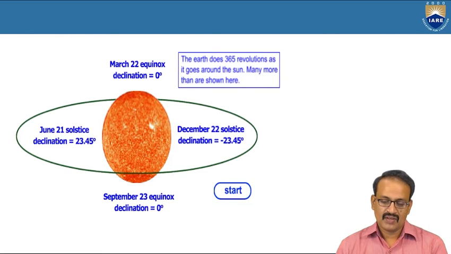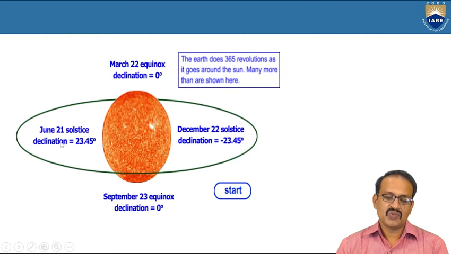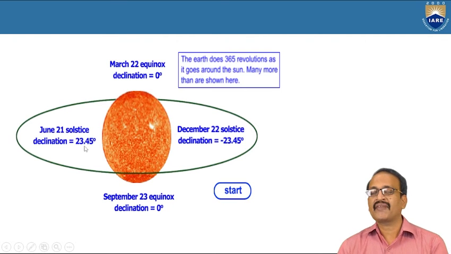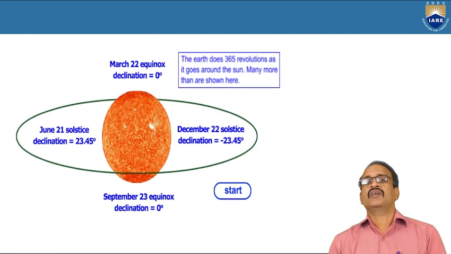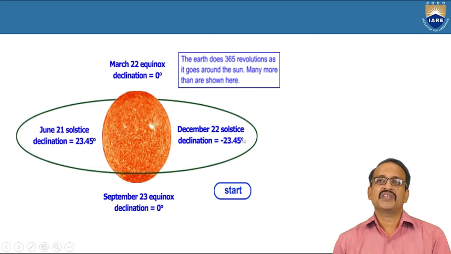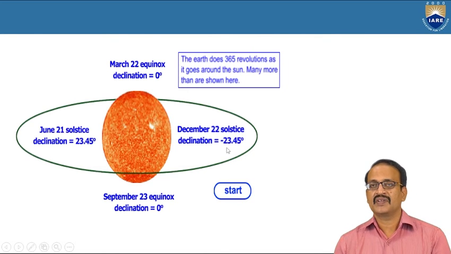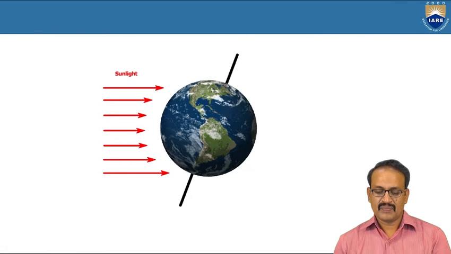For the remaining time, on June 21 the declination is 23.45, and on December 22nd, the declination is minus 23.45. That we have to keep in mind.